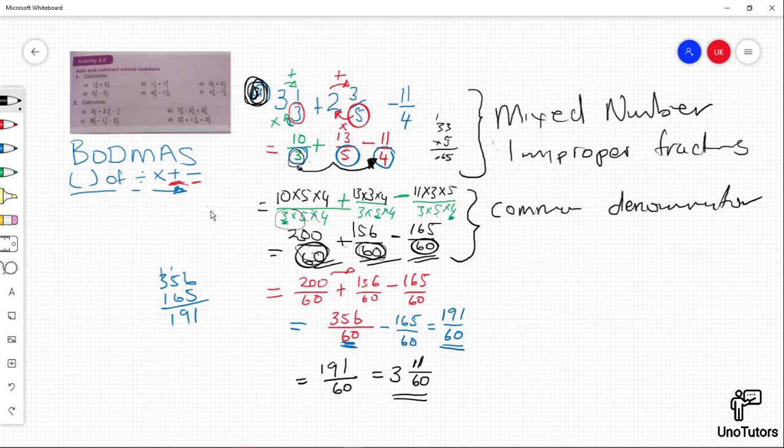It means on top we must multiply it by 5 and 4. And here, because there was a 5, we only multiplied it by 3 and 4, which is why on top we multiplied it by 3 and 4. And same here. And so that's how you create the common denominator. It's actually the easiest way to find the common denominator.